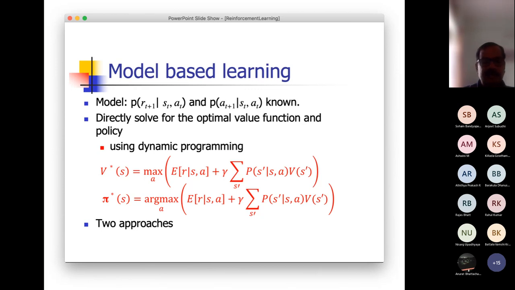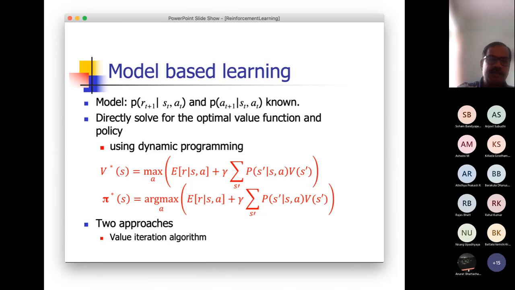Initialization is once again one issue for this convergence. Depending upon the domain, you have to choose a proper initial value. Otherwise, you can start with some arbitrary number. Of course, the reward model is also there. Since it is adding, even if you start with all zeros, it does not matter. You will get convergence to a particular state, but it may not be unique.